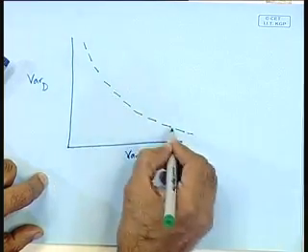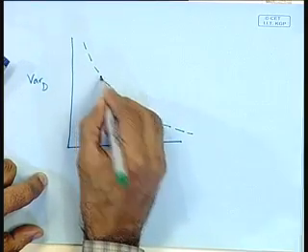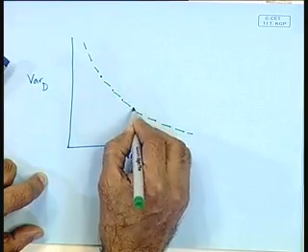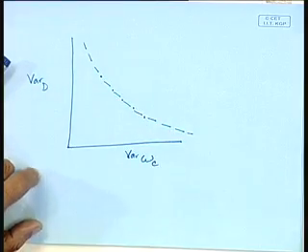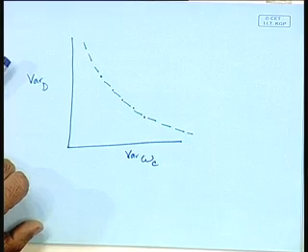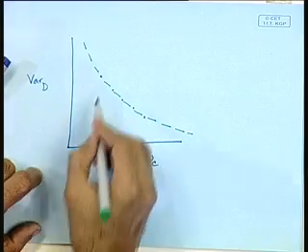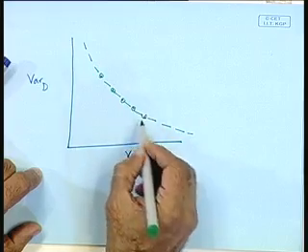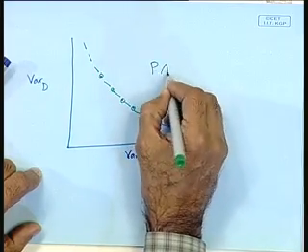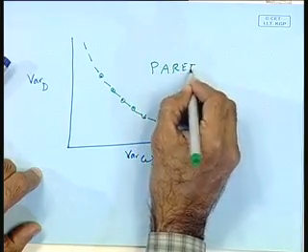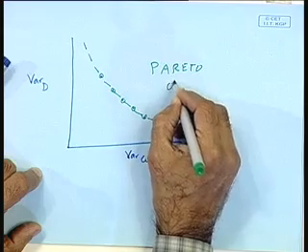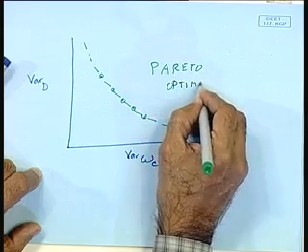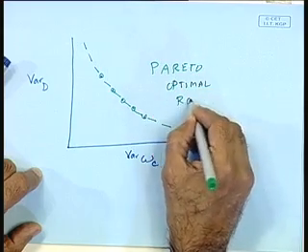Notice any of these points is a design. That means these are actual designs that you can create. You can fabricate these designs, and they are the ones that are Pareto optimal, P-A-R-E-T-O, optimal robust designs.